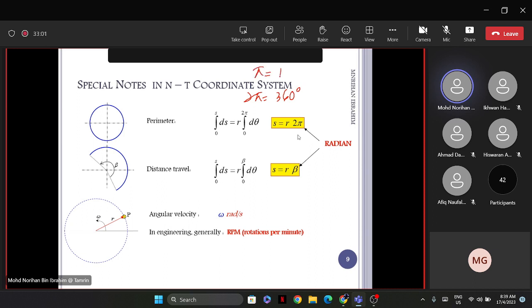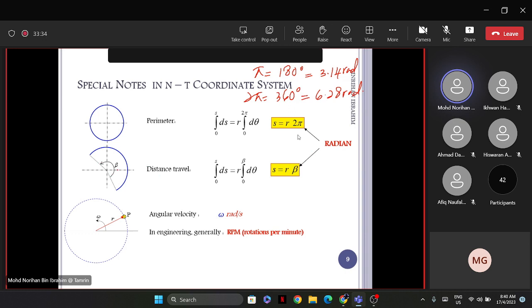Pi is equal to 180 degrees, which is equal to 3.14 radian. 360 degrees is equal to 6.28 radian. So in solving the problems, we need to change from degree to radian. Then you can multiply or add.